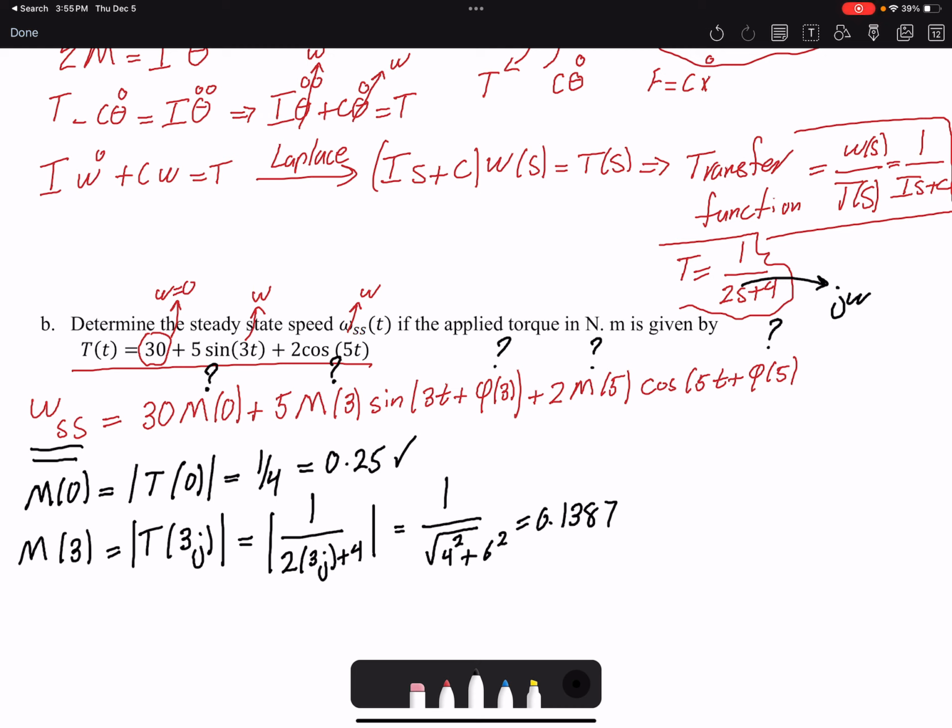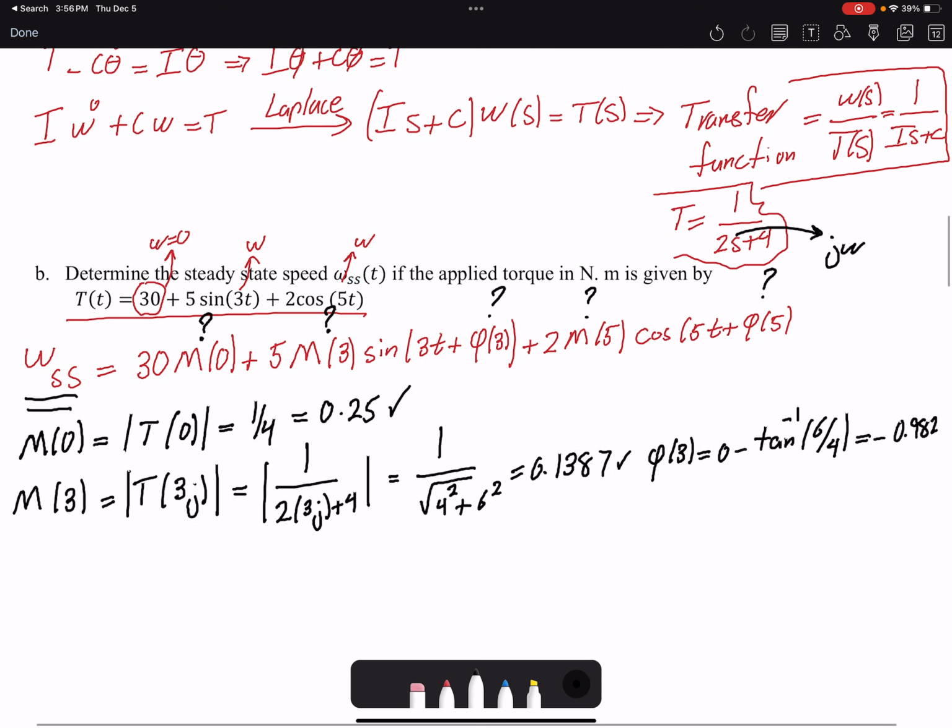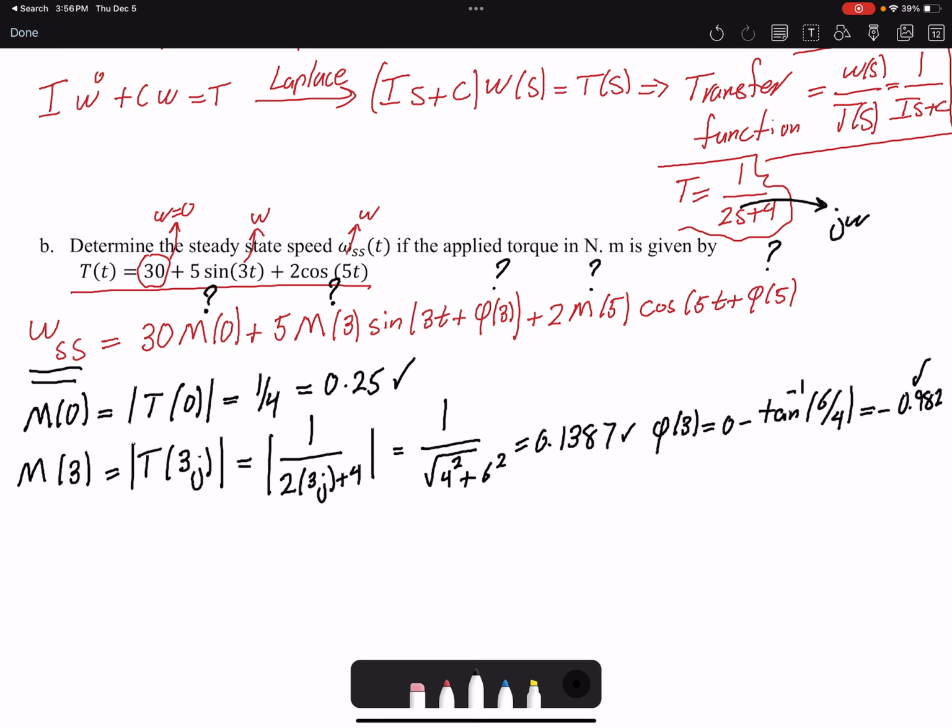And then I need to find the phase change for this case, which should be 0 because the numerator is 1. The denominator, I go negative tangent inverse of the imaginary part over the real part, 6 over 4. I get negative 0.982. So I found this value as well.